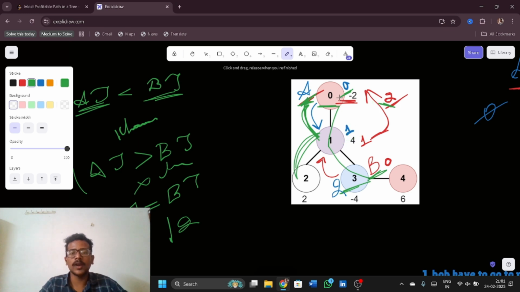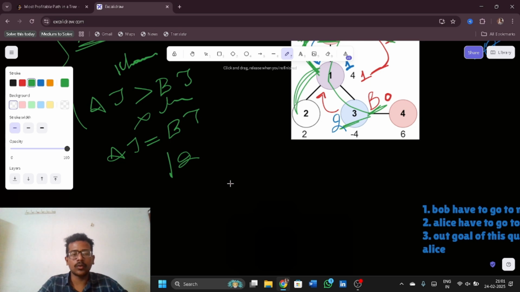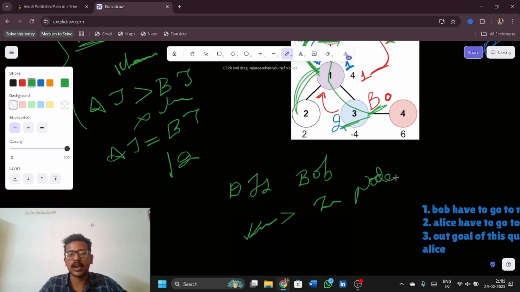So you will understand it when you see the code, but before that, try it yourself and make note that DFS would be used first for Bob, and he will store in a vector of int the arrival time of the node where it is arrived.